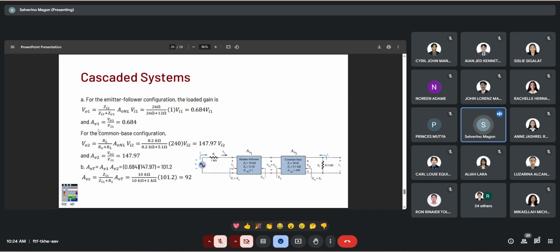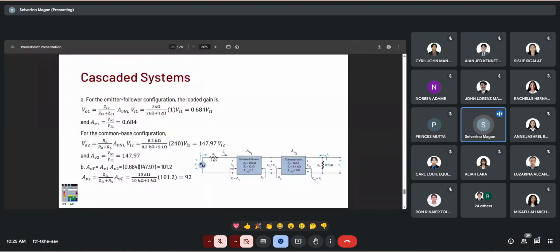So the gain of the first stage is determined to be 0.684. Very small, because again, this is a power configuration. It is intended for a different application. It has a low voltage gain, but in most cases, it will have a high current gain. So the DC analysis is omitted, but that is essentially the purpose.